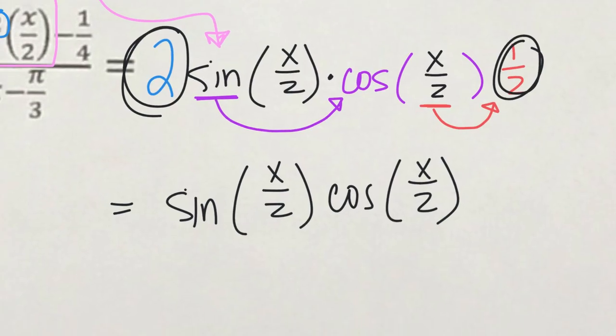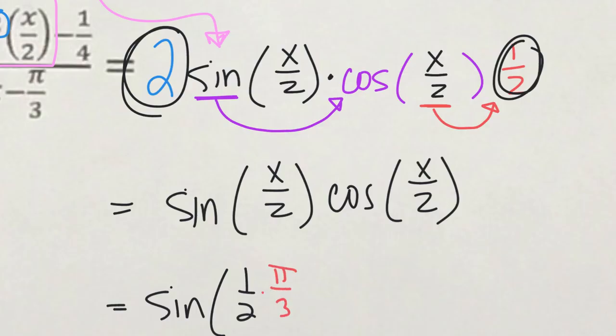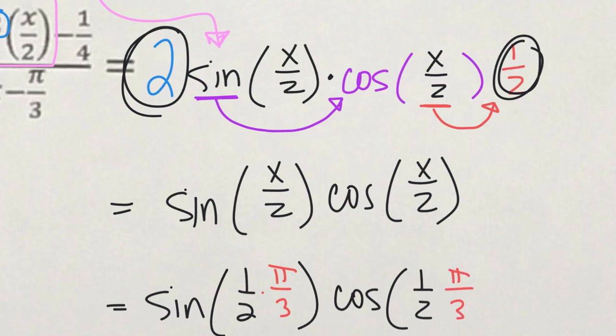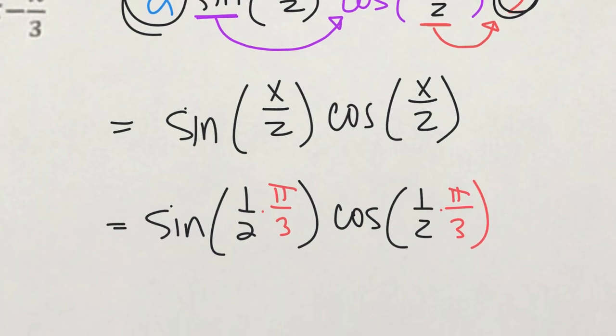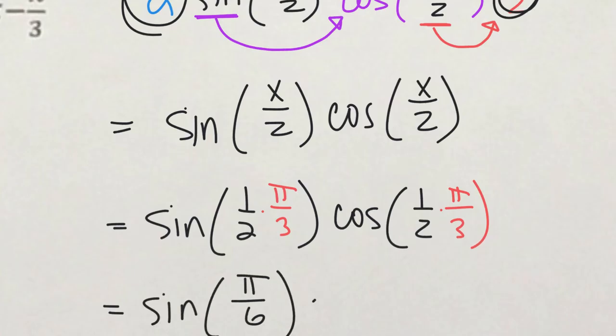Okay, so I'm going to rewrite this a little bit so it makes more sense. So half of pi over 3. Okay, so half of x. Half of pi over 3. Hopefully you know that half of pi over 3 is pi over 6.